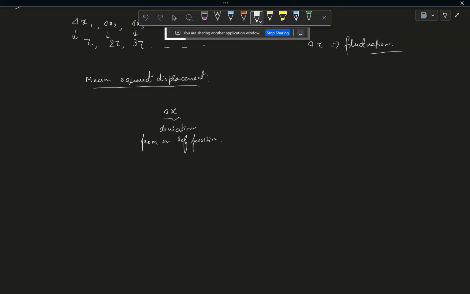And because it is a square displacement, the second term that comes after displacement is basically the deviation part, the deviation with respect to a reference position, some starting position x naught, let's say. So this displacement is your delta x. Now you have taken a term like squared. So you are taking a squared displacement, that is delta x squared, right? And then finally you have this term called mean or average.